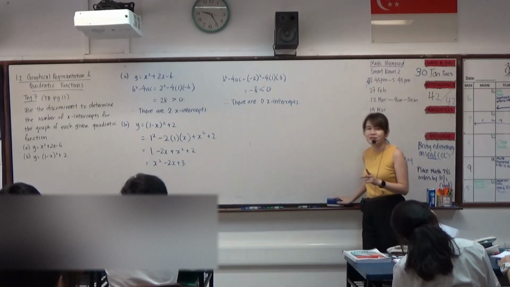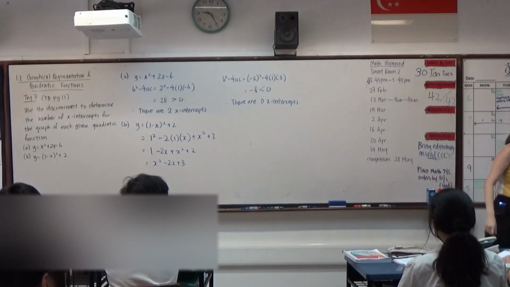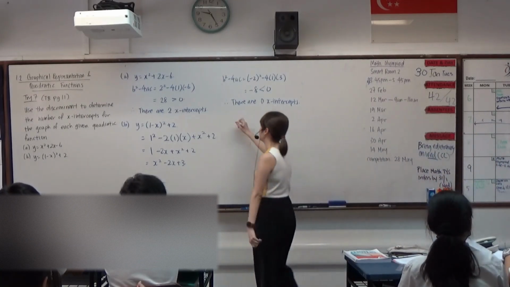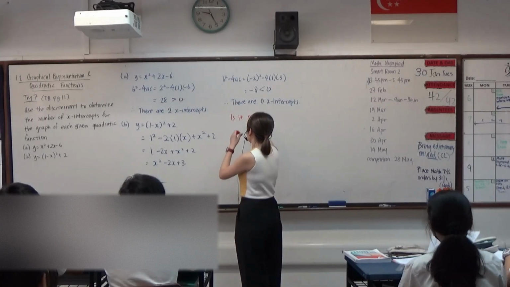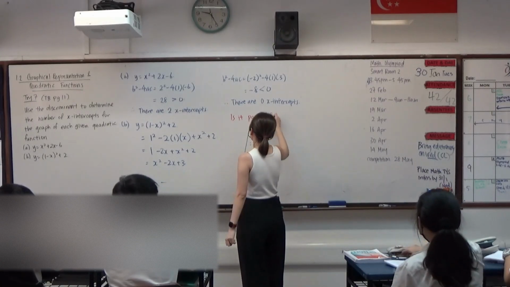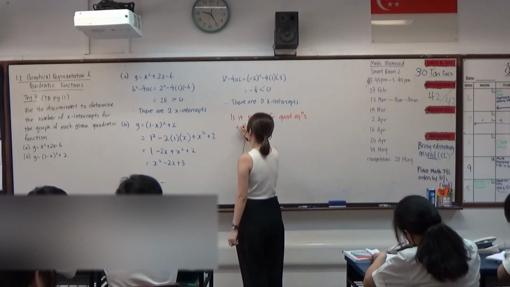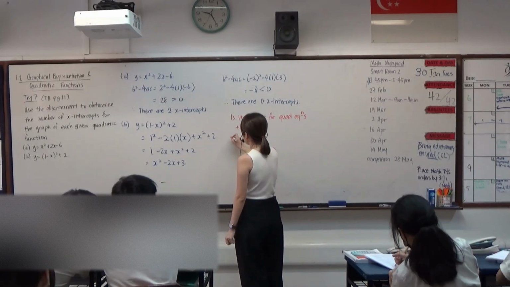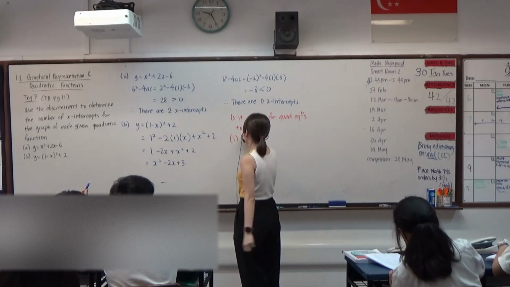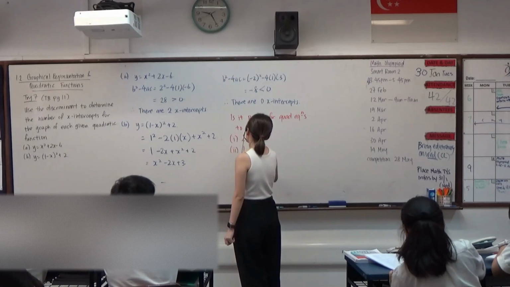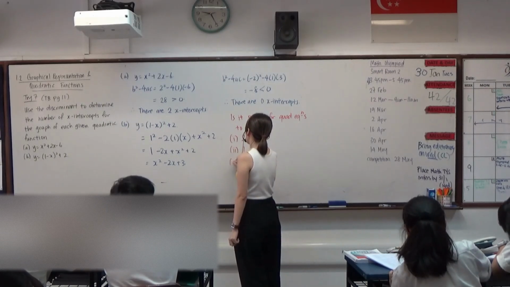Do you think it's ever possible for a quadratic equation to not have a y-intercept? No. Let's think about it. We think of 3 cases: 2 y-intercepts, 1 y-intercept, and 0 y-intercepts.